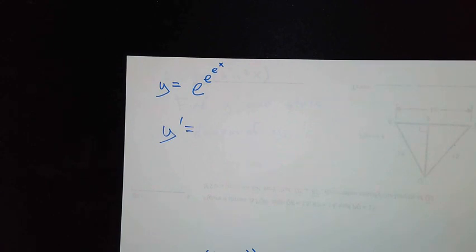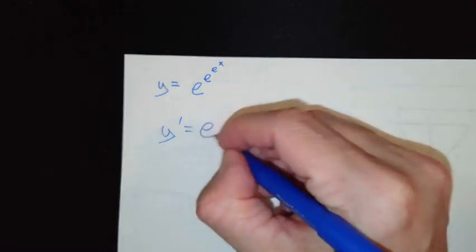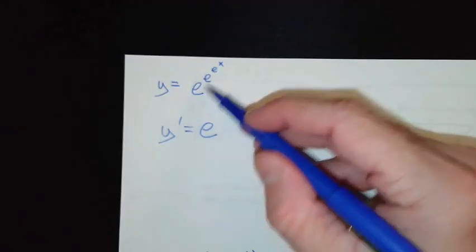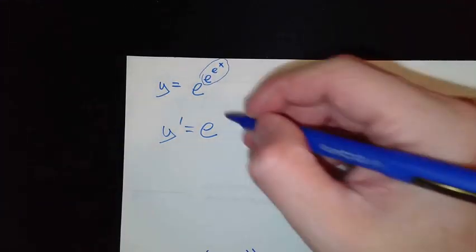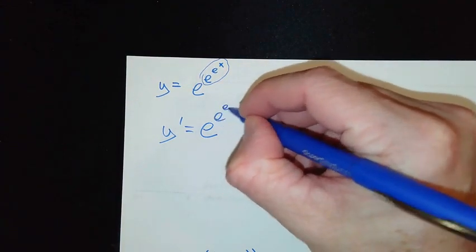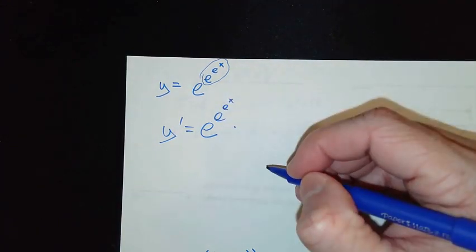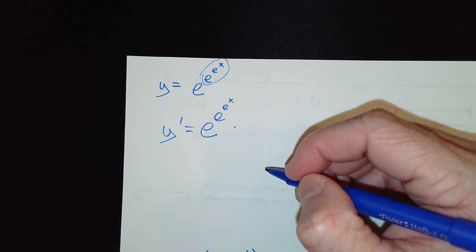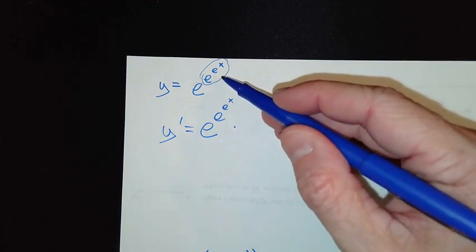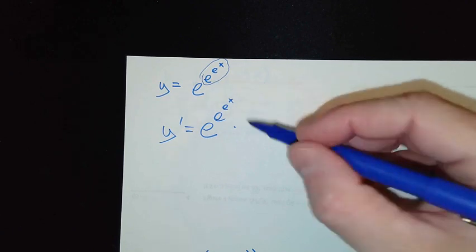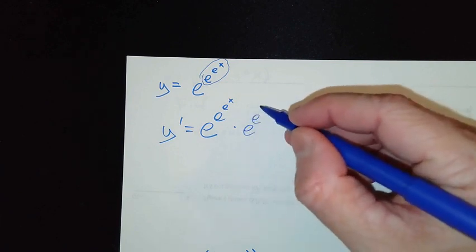Well, the derivative of e to the whatever is e to the whatever. So the derivative of e to the, this is my stuff inside at this point. The derivative of e to that stuff is e to that stuff times the derivative of that stuff. Well, the derivative of e to the x is e to the x.